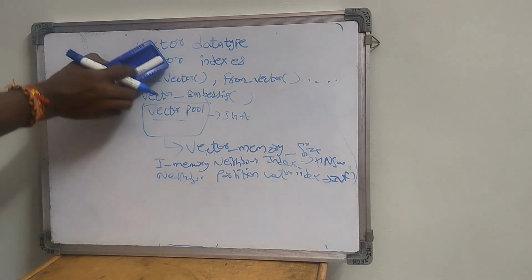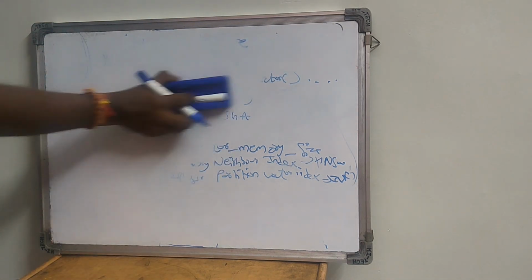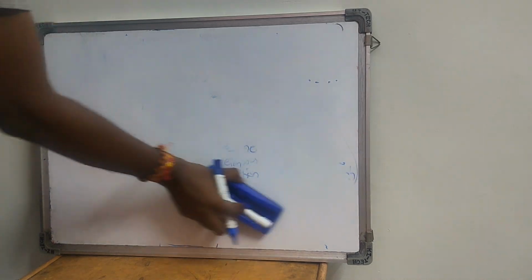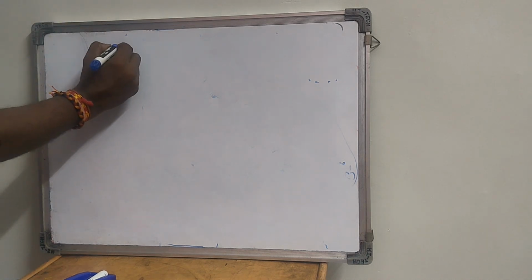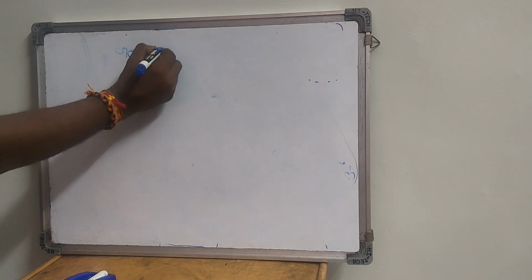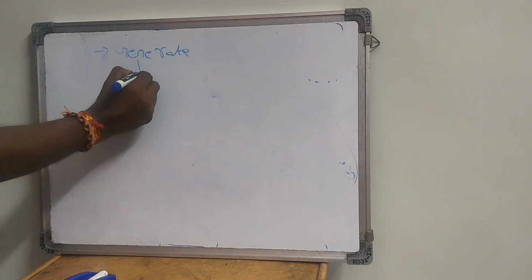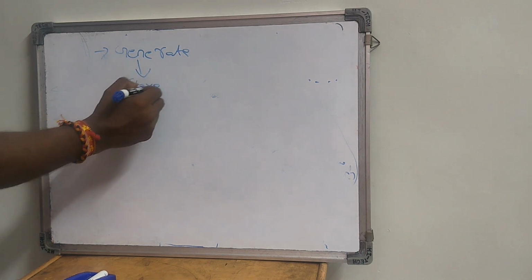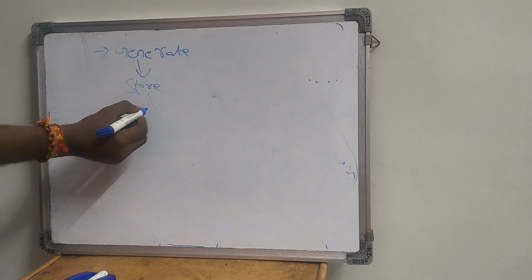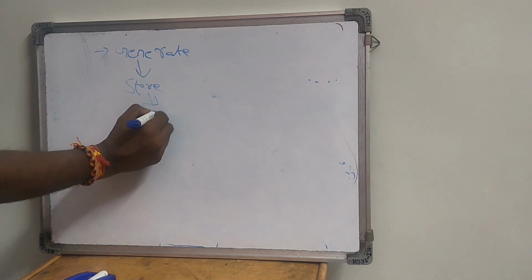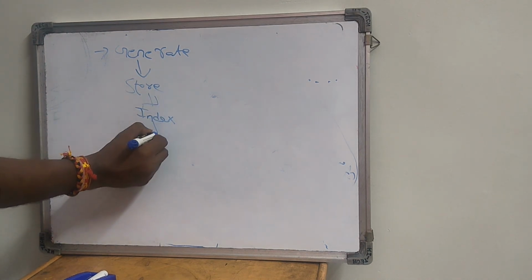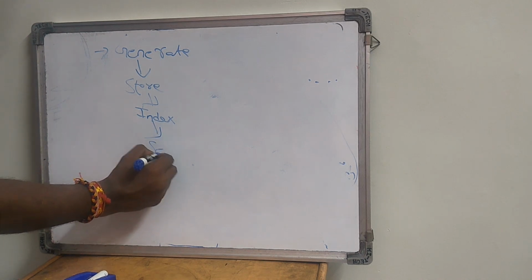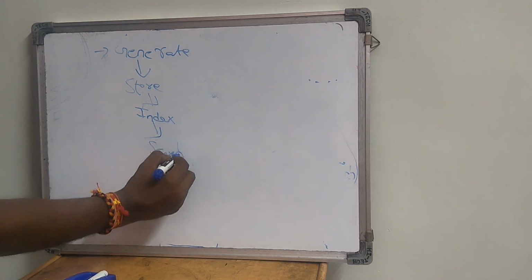So now let's see the workflow of vector search. First, generate the vector embeddings, then store the vectors in the vector database, then create indexes on these vectors to improve the performance and speed, and then apply the search operation and other functions on this vector data.